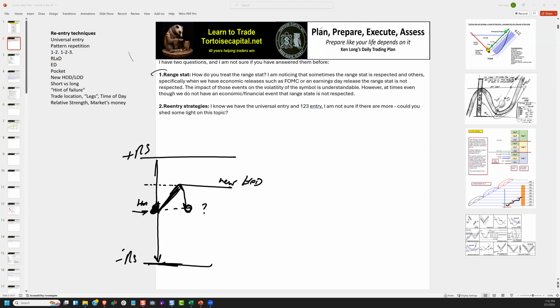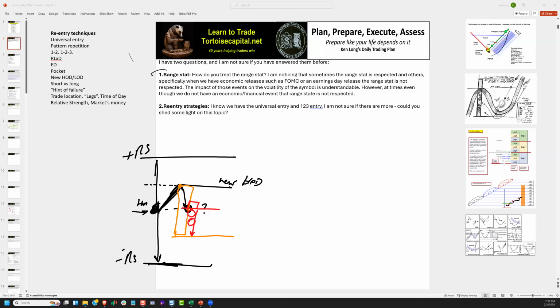So now what I have to do is take the range stat and anchor it to that point and then drop it down and say, this is now my new price limit. So now if I get short here, the maximum reasonable move is to there. And if my risk box is here, then that's okay because I can see 2 to 1.